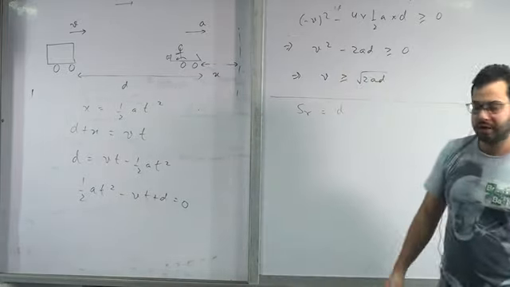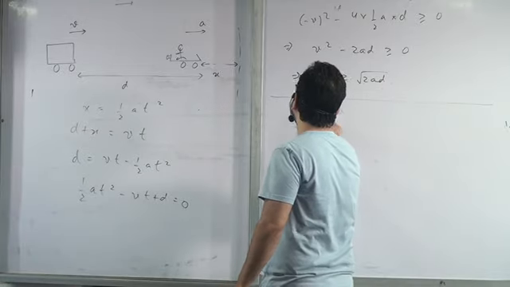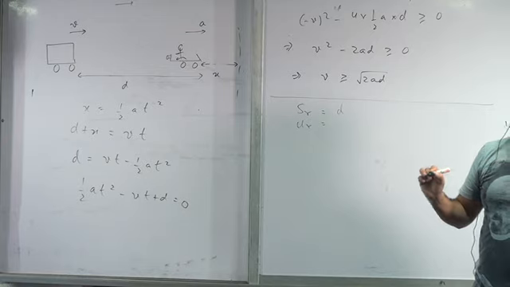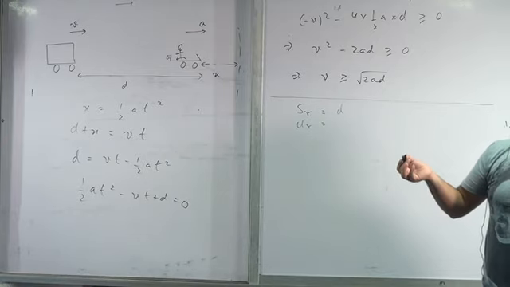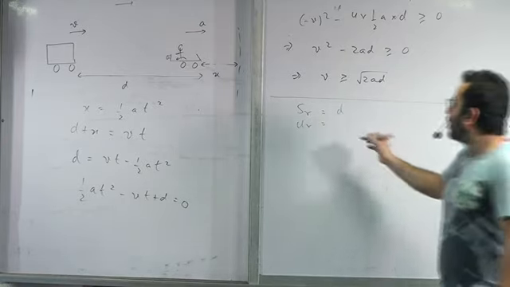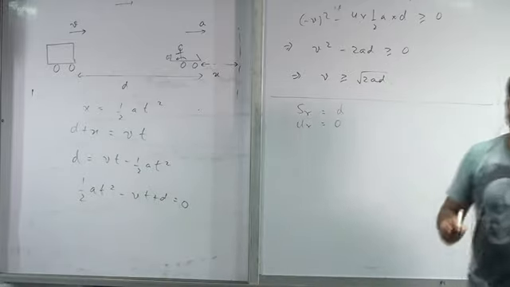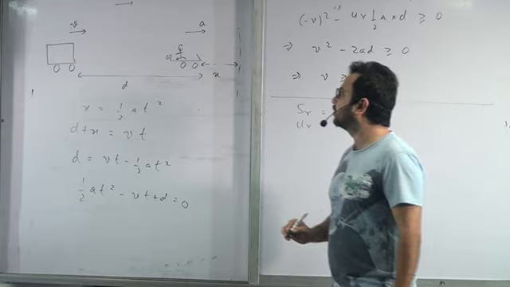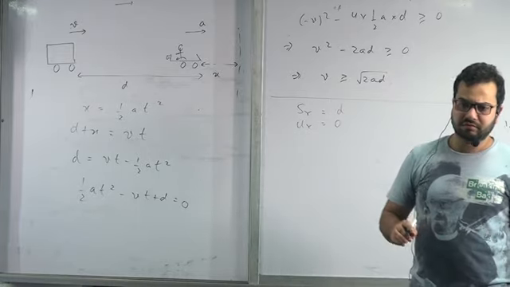So what is the relative displacement? D. Okay. What is the relative initial velocity? 0, because both were at 0 velocity. Okay, so the initial relative velocity is how much? 0. Who was traveling with v? No, it started with 0.